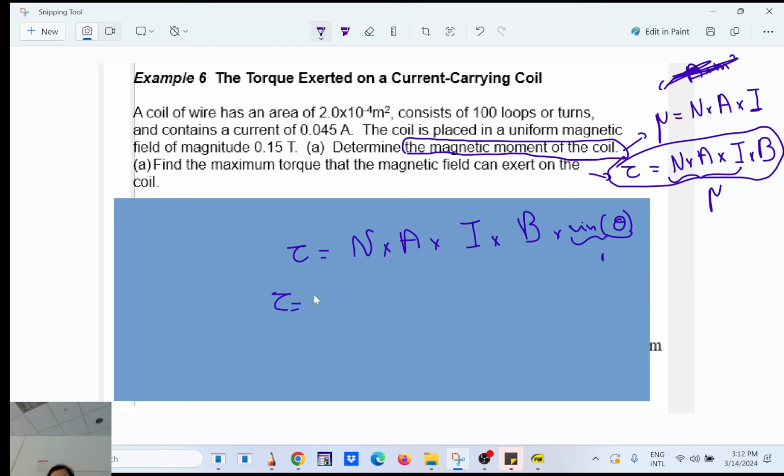Okay, so you have 100 loops. The area is given, so it's going to be 2 times 10 to the negative 4, times the current, which is 0.045, times B, which is 0.15, times 1.